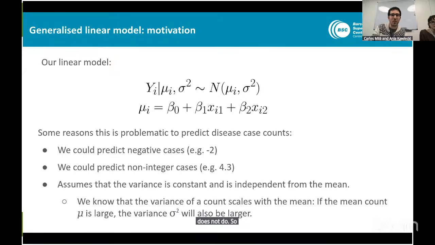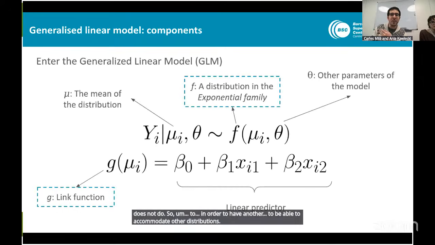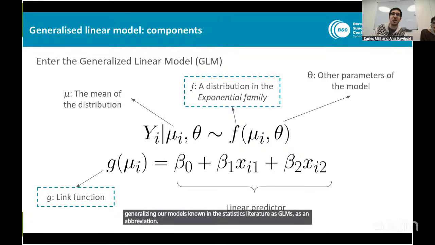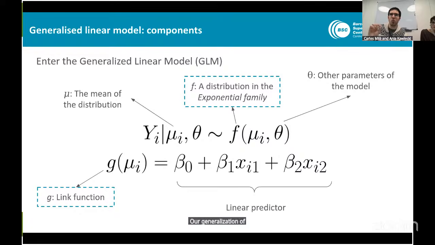In order to accommodate other distributions, this is where generalized linear models come in. Generalized linear models, known in the statistics literature as GLMs, are a generalization of a linear model where we tweak a few things to have more choices.